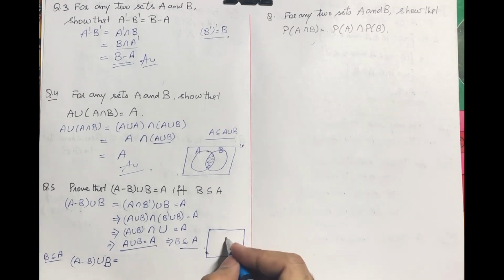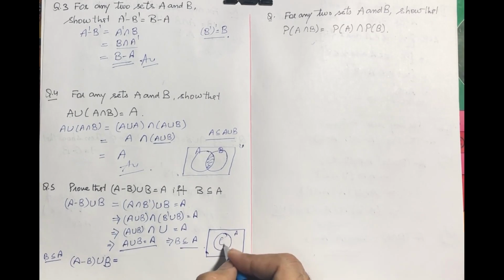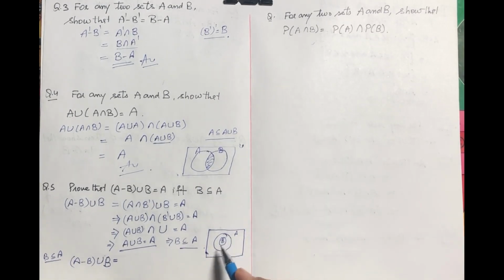You see, we have, this is A, this is B. What is A minus B? These elements. This is A minus B. Union B, whole of A. Hence, this is equal to A, which completes the proof.